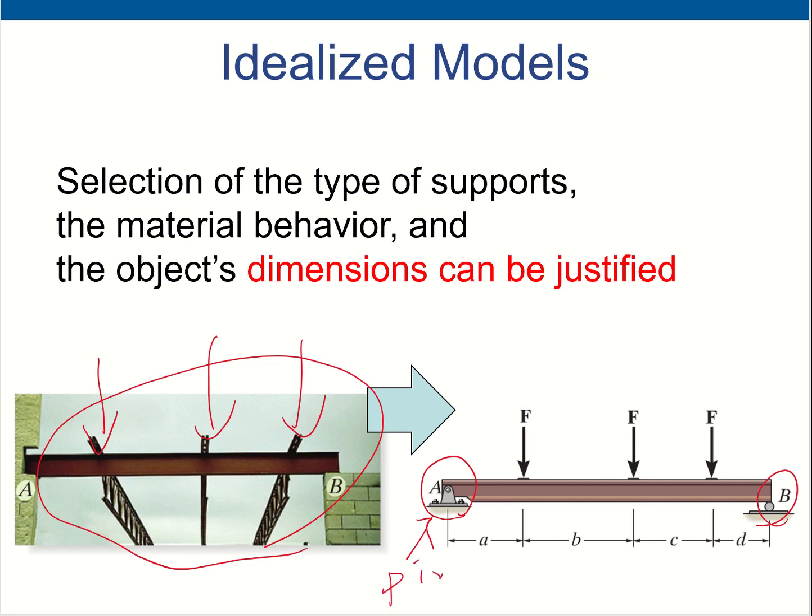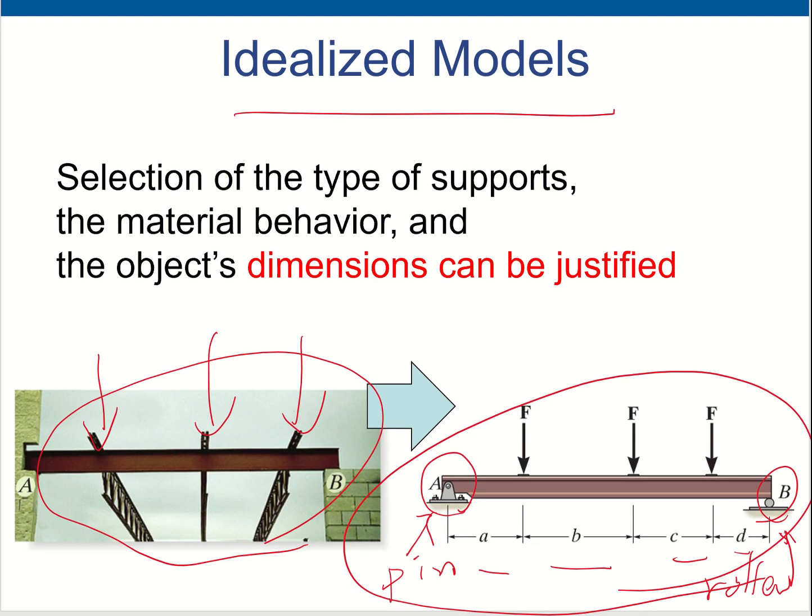This is pin, and this one is roller. And we have certain dimensions here. So we call this the idealized model. Before we draw the free body diagram, we must express the dimensions and what type of the support reactions.